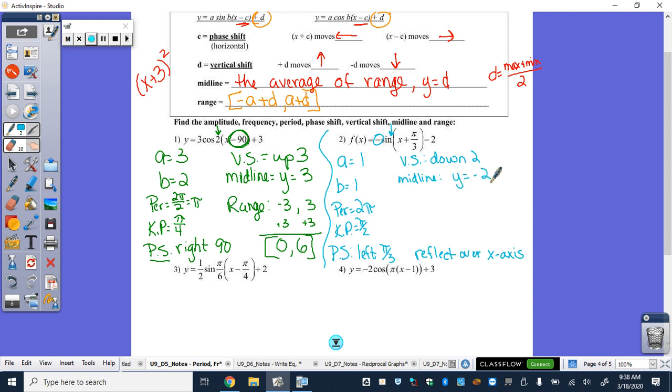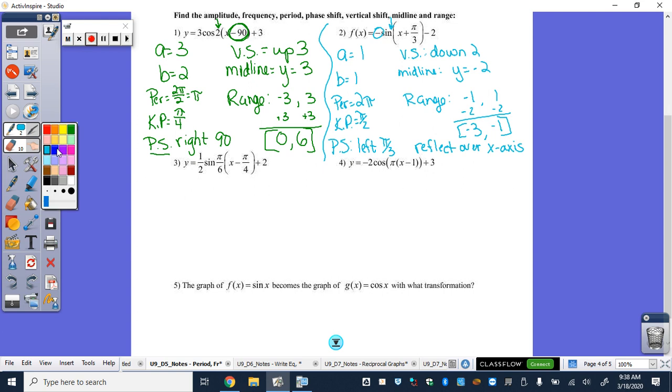Whatever that number is, that's where your midline is. So my last one, my range. Again, if I didn't have a shift, it'd be negative 1 to 1. But then I got to add my negative 2 to it. So my range would be negative 3 to negative 1. It's all been shifted down too.